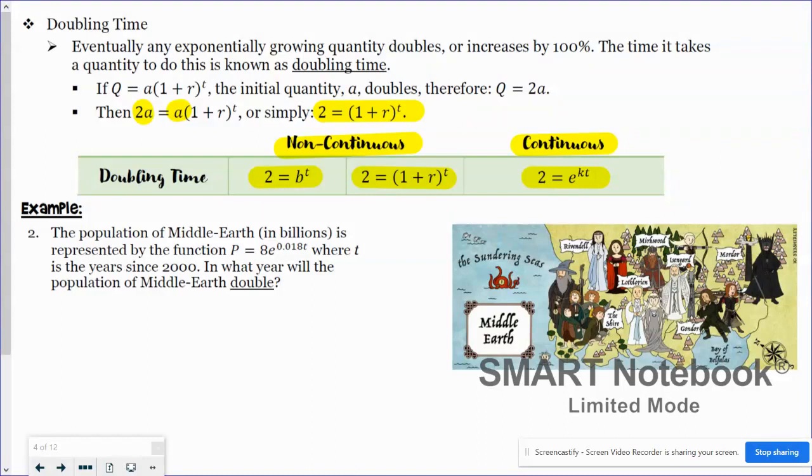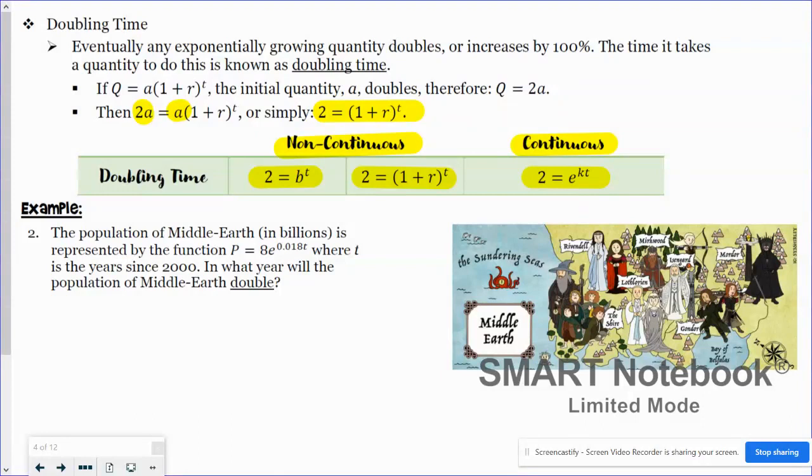Remember, if it's a continuous exponential situation, they're going to use that word continuous, and we have to use base e. But the bottom line is, all three of these formulas are essentially saying the same thing. They're all saying 2 equals b to the t power. So what is the base? We need to know that. And then we can create a really simple equation using 2 equals base to the t power.